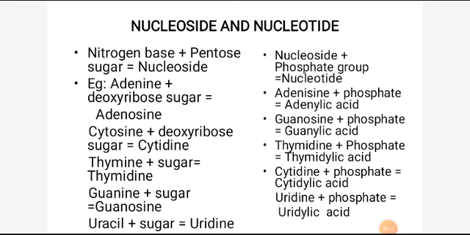Here we can see the difference between nucleoside and nucleotide. Nitrogen base plus pentose sugar forms a nucleoside. The parts of a nucleoside are nitrogen base and pentose sugar. For example, adenine plus deoxyribose sugar, adenosine is formed.